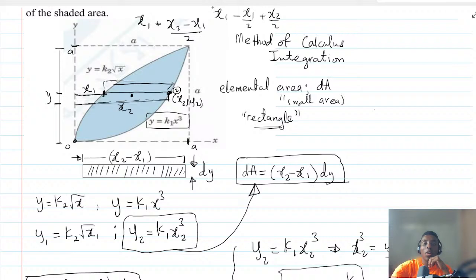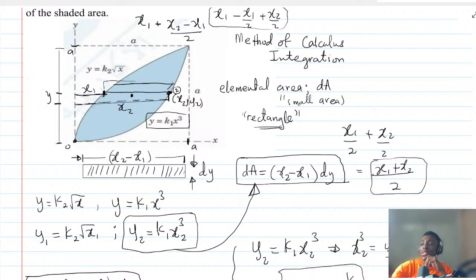Now interestingly, x1 minus half x1 is going to be x1 over 2. So you are going to get x1 over 2 plus x2 over 2, which means that the centroid is x1 plus x2 divided by 2.